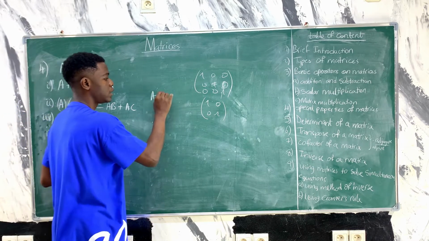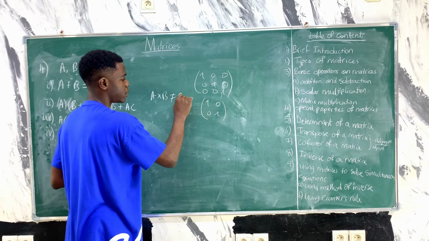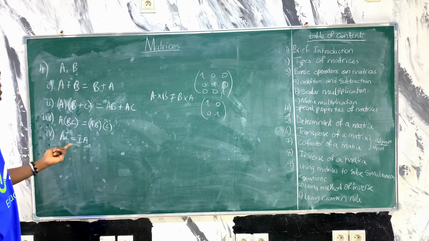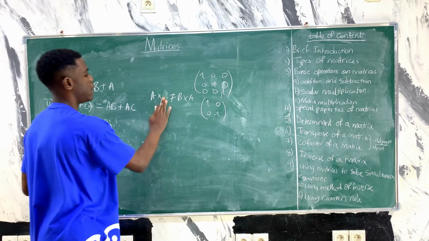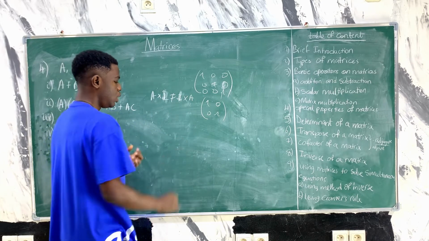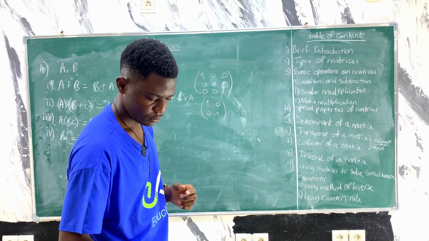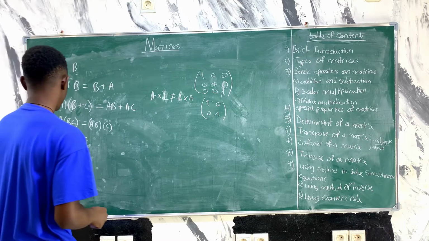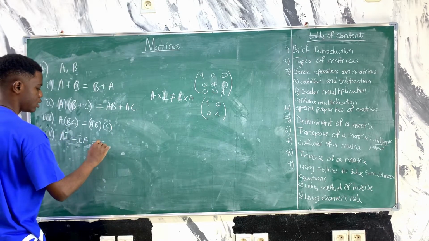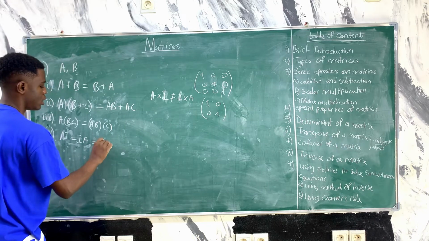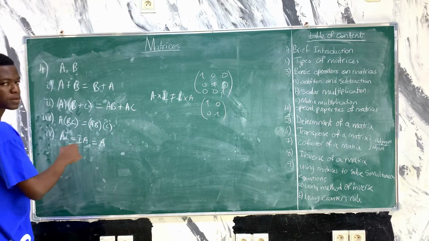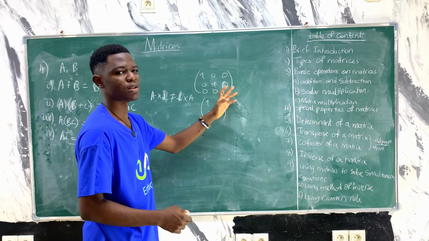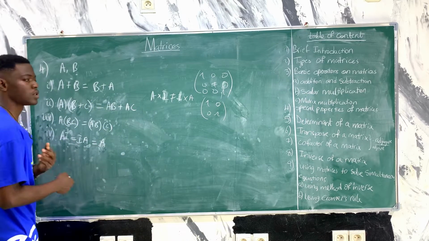Remember, in matrices, A times B is not the same as B times A, except if I is the identity. If you replace this B by I, then you can work, and this is the same as A. Review: A times I is the same as I times A, and it is still the same as A. Because if you multiply a matrix by the identity with 1s on the diagonal and 0s elsewhere, it still gives you the same matrix.